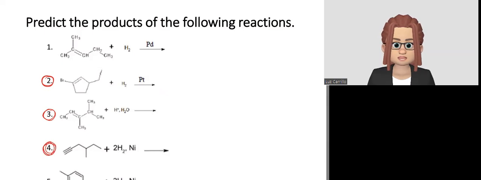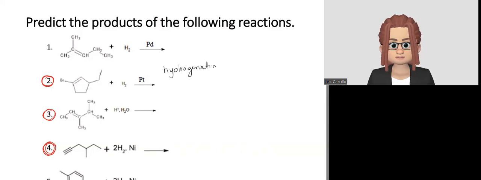So for problem 2, how do I know if I'm going to do a hydrogenation or a hydration? In problem 2, you can see that we have H2 as our reagent. So that means that this is going to be a hydrogenation reaction. In number 3, I see that I have water and acid.